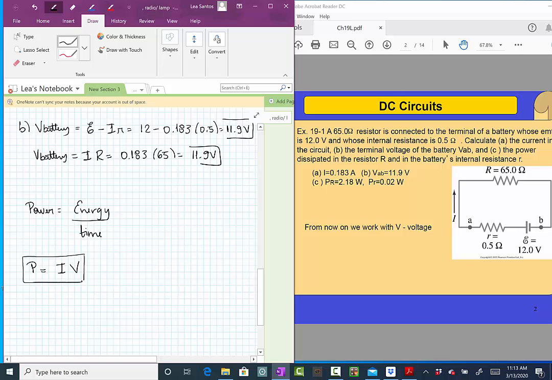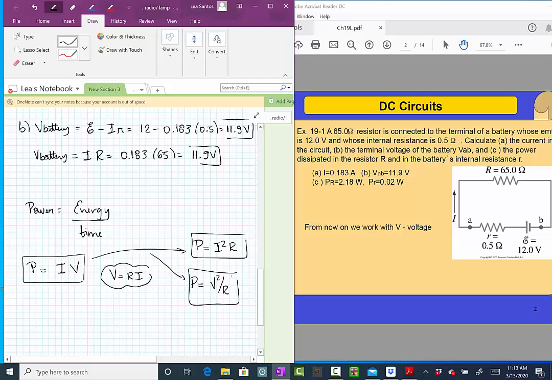If we remember Ohm's law, now Ohm's law is potential difference is Ri. Using Ohm's law, we can also rewrite this equation to two different forms. Either power is equal to I squared R, or we can write it as power is equal to V squared over R. Okay, so these are three different ways to write power.